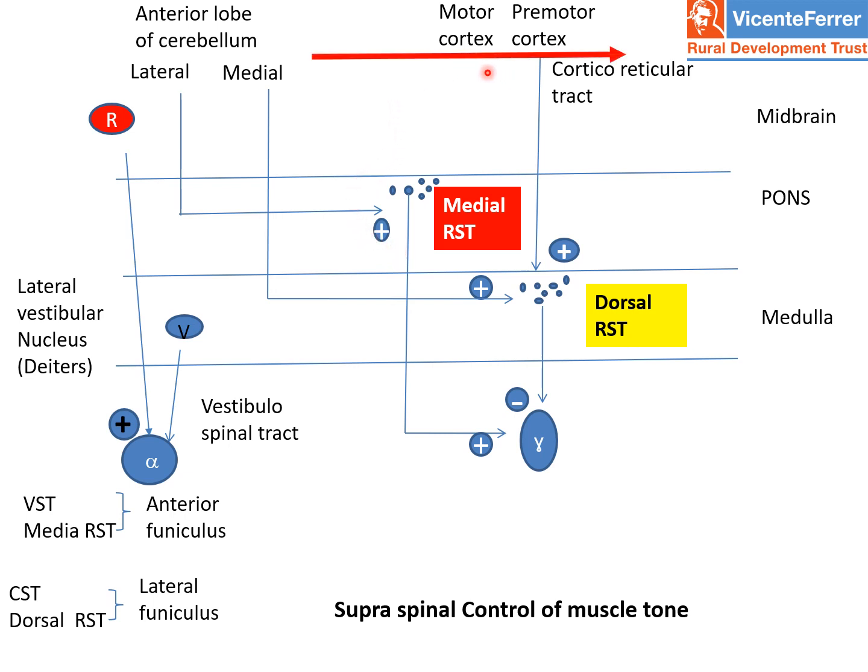So here in decortication, the midbrain is spared, that is the red nuclei are spared, but we are losing the corticoreticular tract. Once this positive effect of the corticoreticular tract is lost over the dorsal reticulospinal tract, the inhibition over the gamma motor neurons will be reduced.